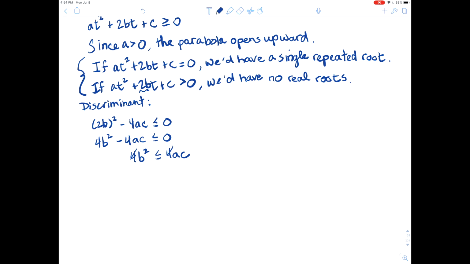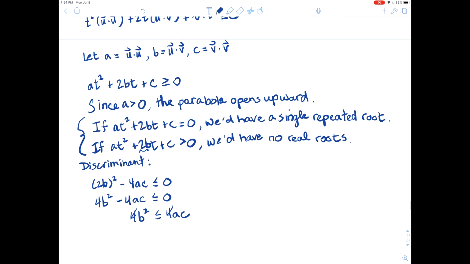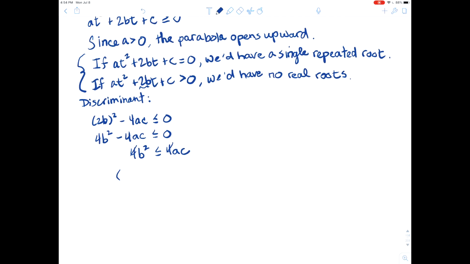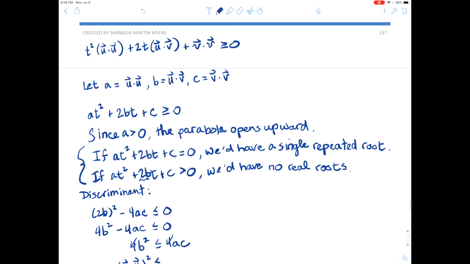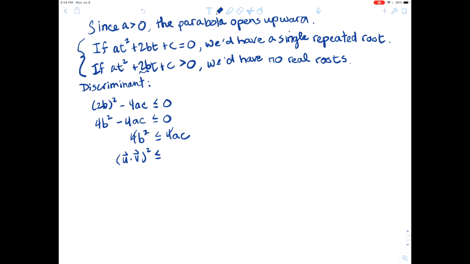Let's put that back in. So our B was U dot V. So we'd have U dot V squared, and that would have to be less than or equal to, A was U dot U and C was V dot V. So U dot U times V dot V.